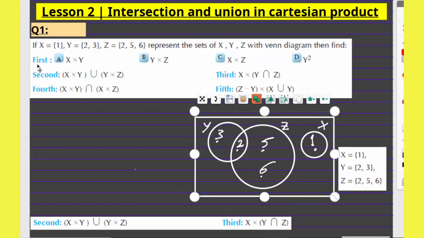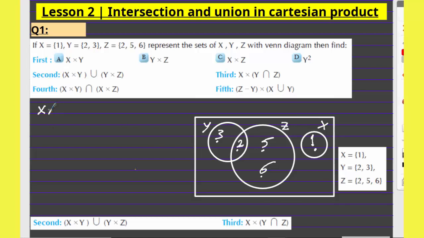Now first find x Cartesian product y. Here we multiply, to express the Cartesian product.